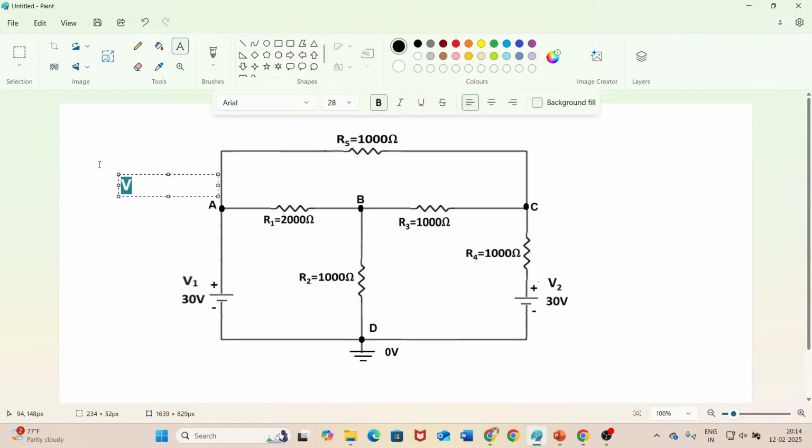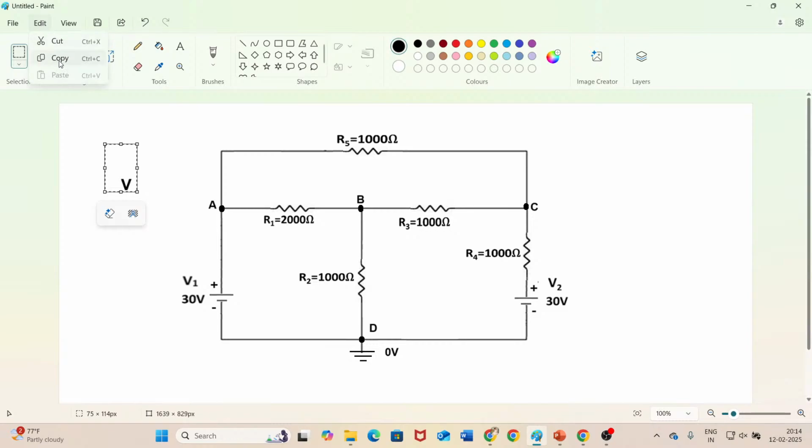I will just copy it and place it wherever I want. So this is V suffix A. Next, once again I will paste it, and this is my V suffix B.